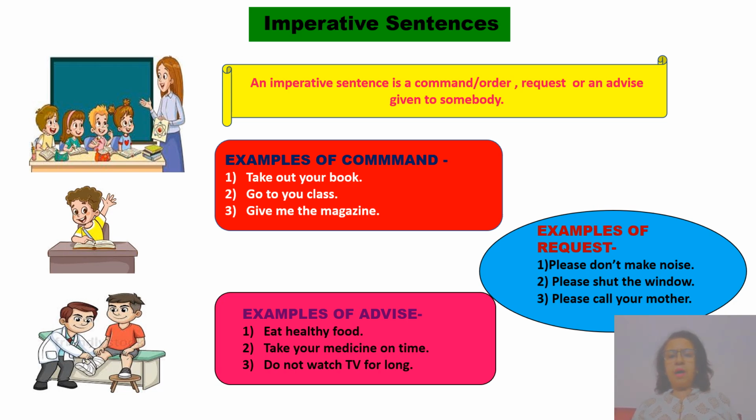See, children, a command or an order is given by a senior person, for example, your mother. Your mother may say, go to your room. That is a command. Your teacher says, please stand up. That's a command. Your teacher may tell you, leave the music room immediately. That is also a command or an order.